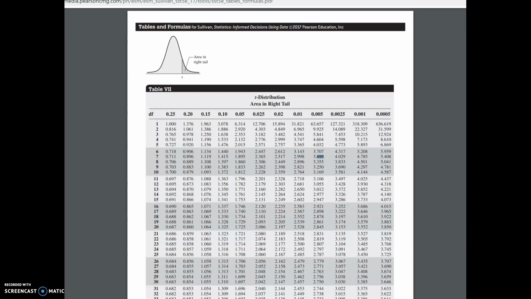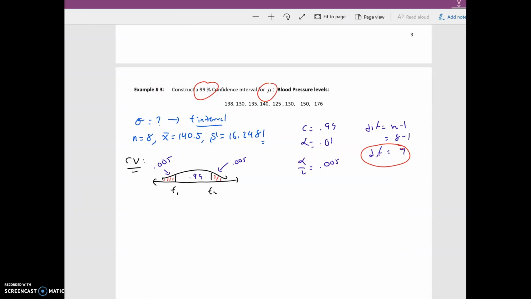And in this case, 7 degrees of freedom and one tail 0.005 happens to be 3.499. So the CV is going to be approximately 3.499.